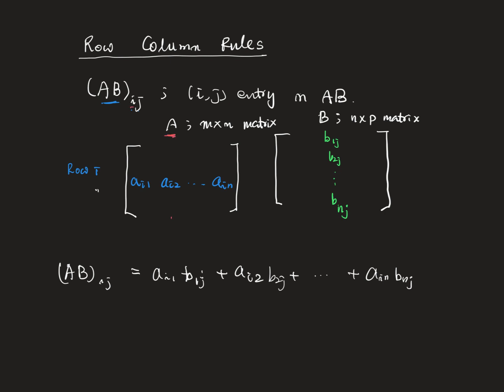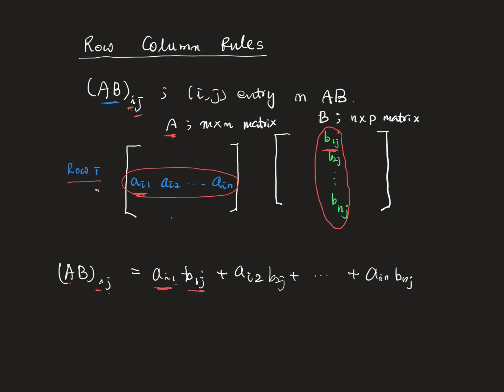You pick row i of matrix A, and here column j of matrix B, and multiply each entry. So the ij entry of AB is Ai1 times B1j.